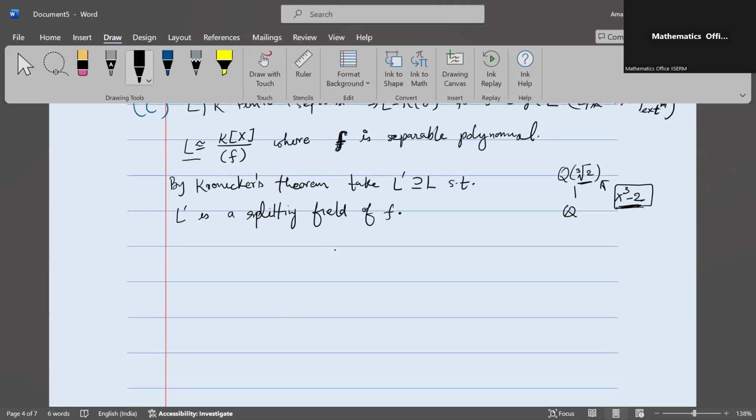Then they're fine. So what is the degree of the extension? The degree of F is the same as the degree of L over K.